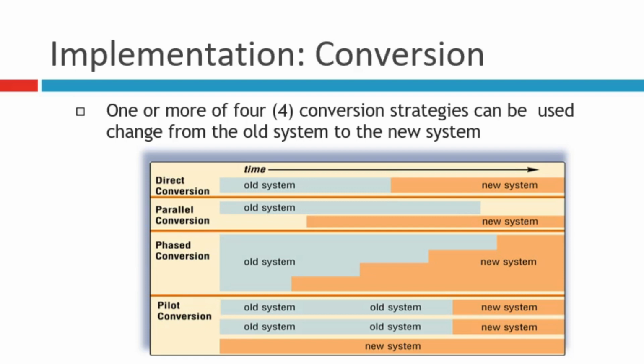There are 4 types of conversion strategy that can be used to change from the old system to the new system. The 4 conversion strategies are direct conversion, parallel conversion, phase conversion, and pilot conversion, as shown in this slide.